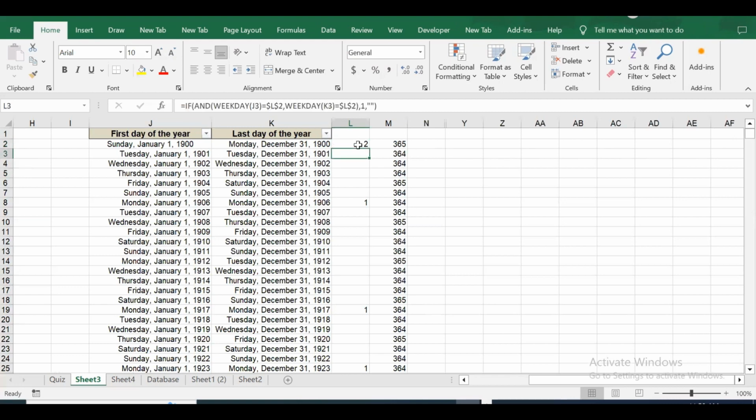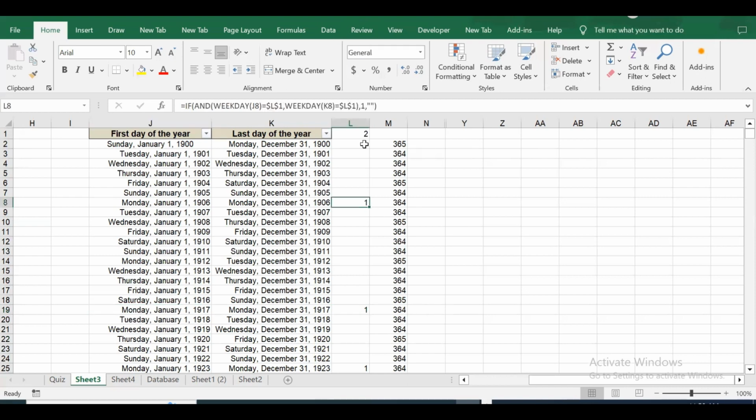Whatever you write here, the formula will consider 2 as the second day of the week, so that is Monday. You will see that 1 is placed wherever Monday comes.